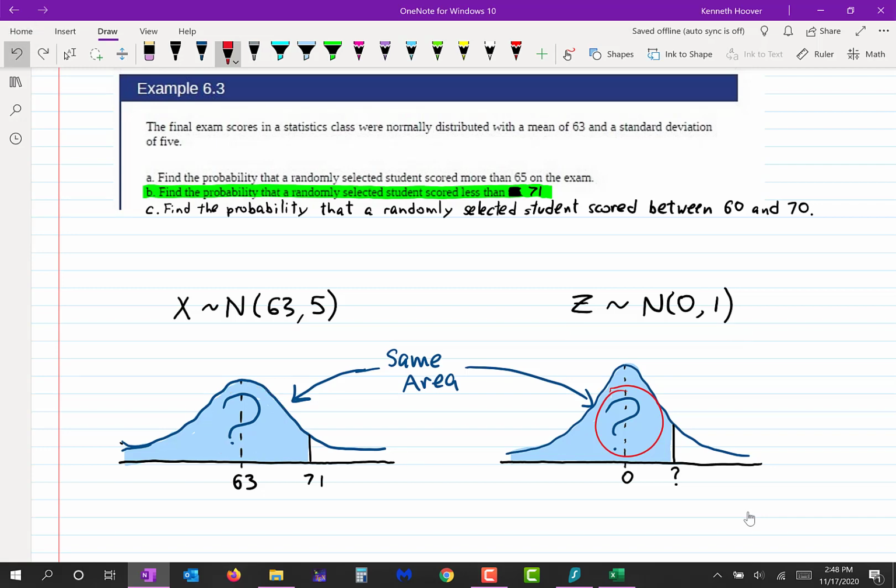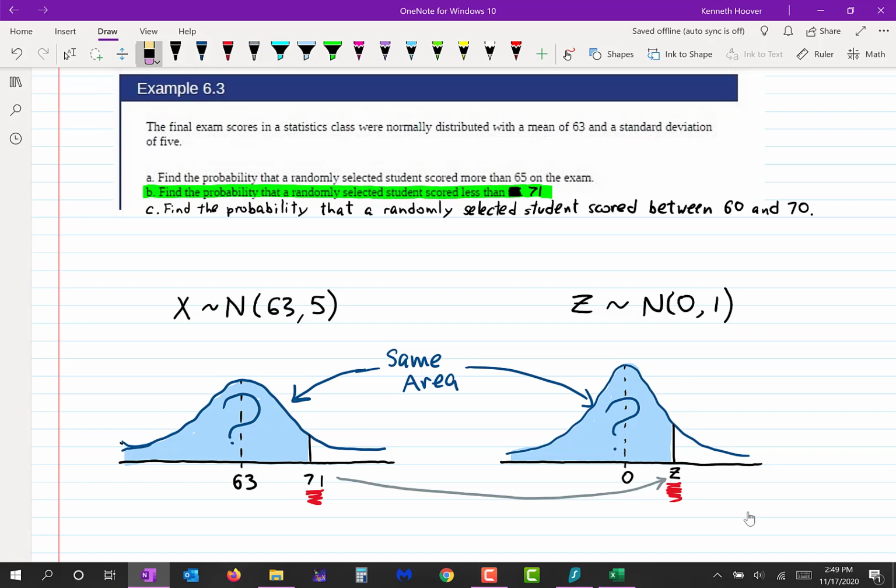Okay, now the trick is, in order to look up that area, we need to know this value to look up. So we have the number 71 in this distribution, and the question is, what does that correspond to over there? What's the correspondence?